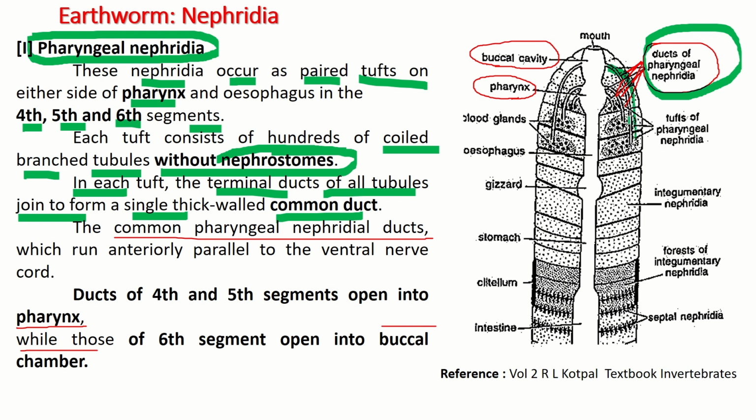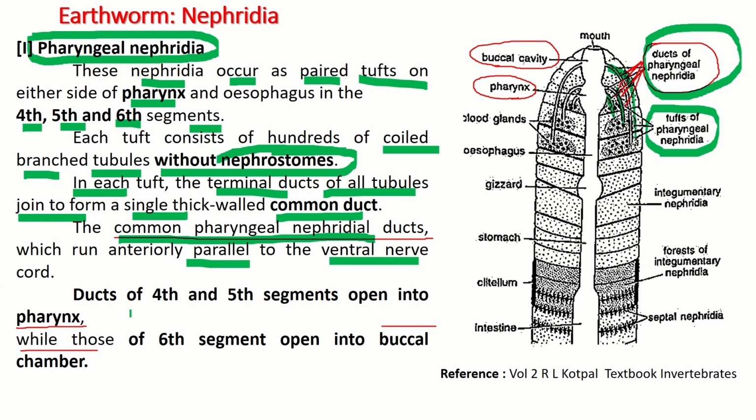That common duct collects all the material produced in the pharyngeal nephridia and finally excretes it outside of the body. The common pharyngeal nephridial ducts run anteriorly parallel to the ventral nerve cord.